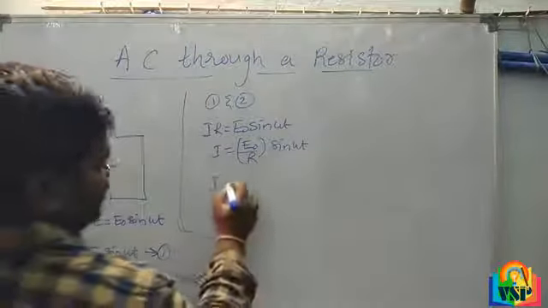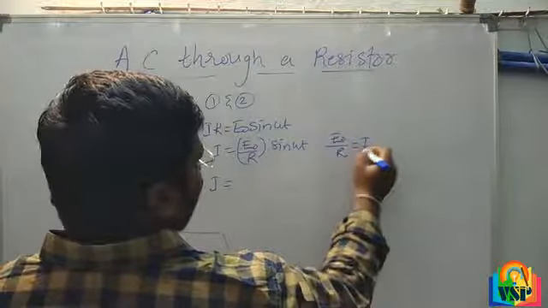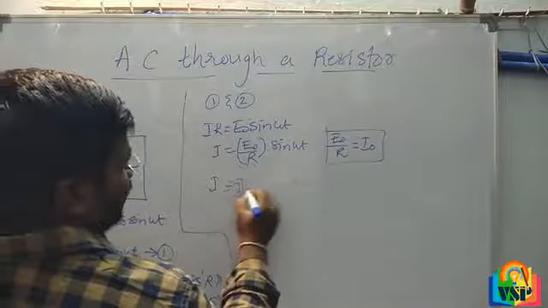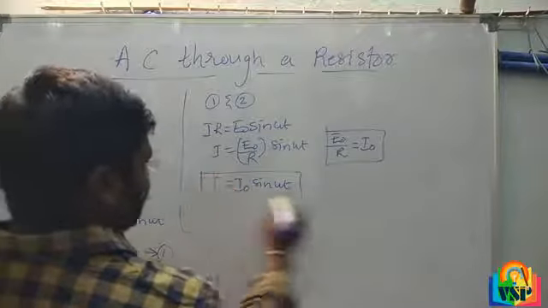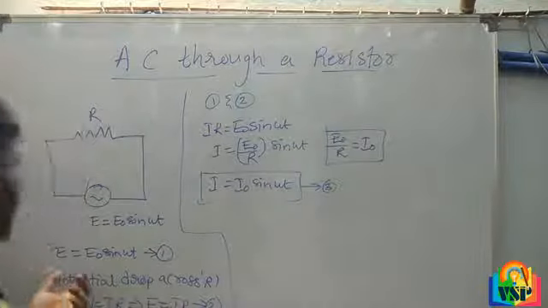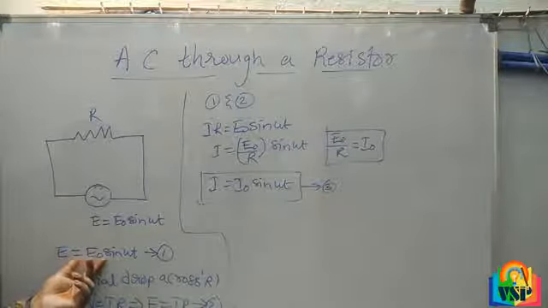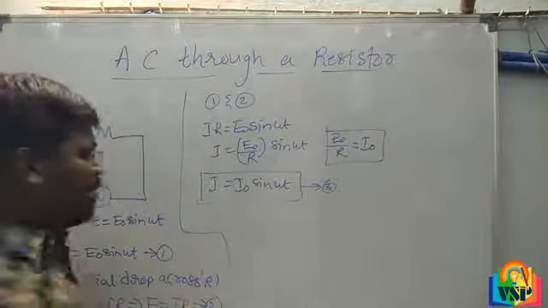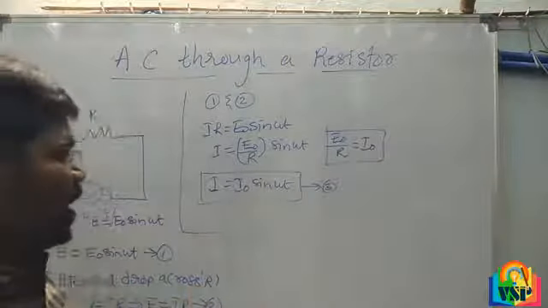Here E naught by R is equal to I naught, so I is equal to I naught sin omega t. This is equation 3. So from the alternating EMF applied to a resistor, we can find the current through the resistor.